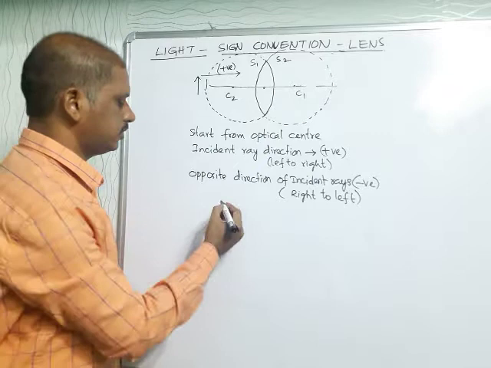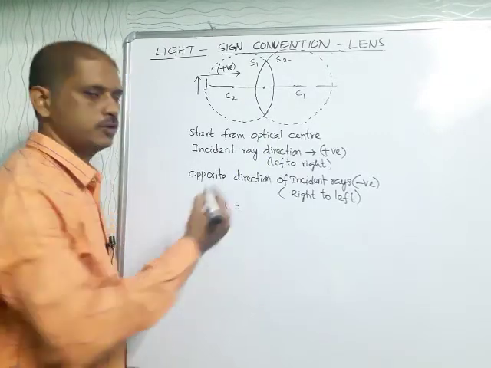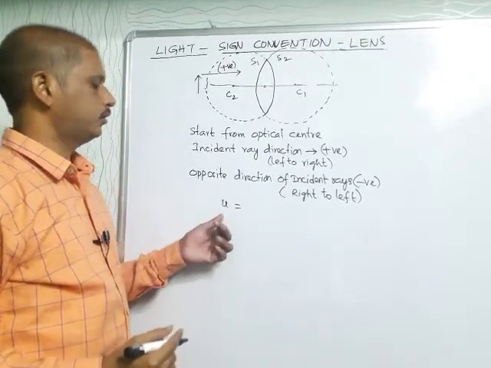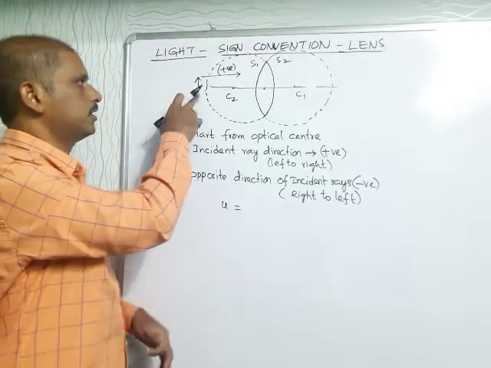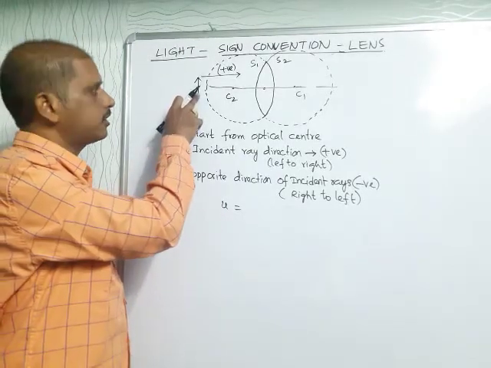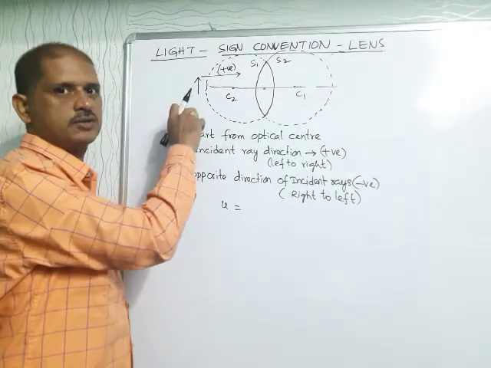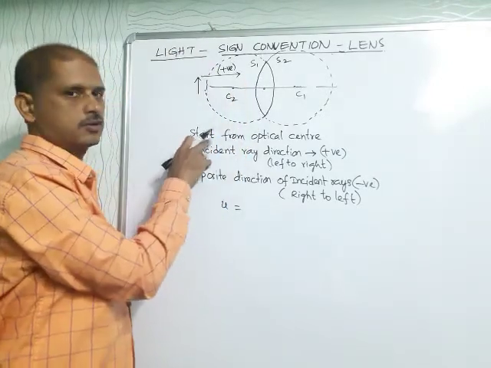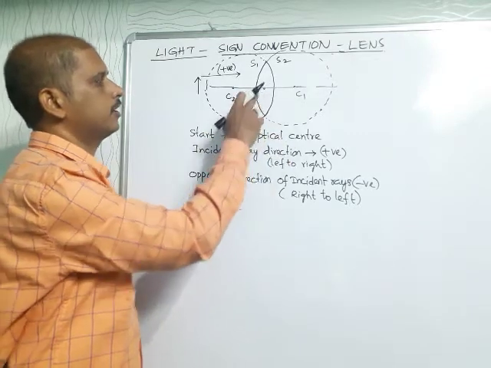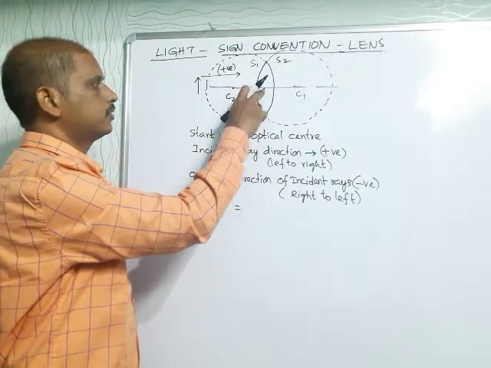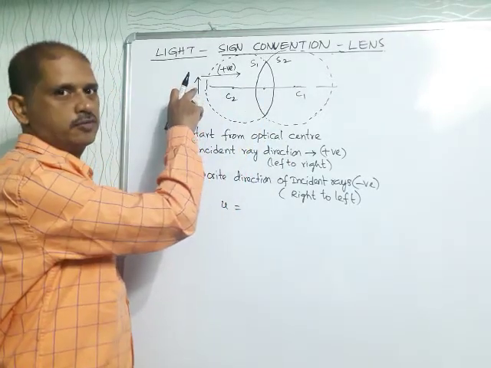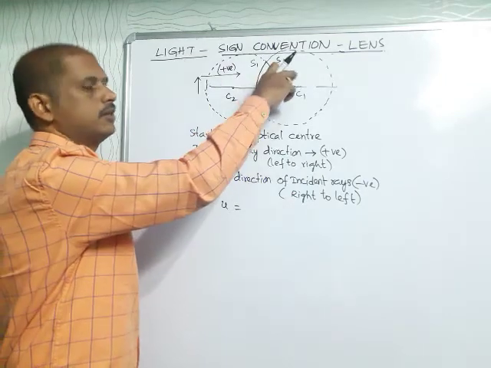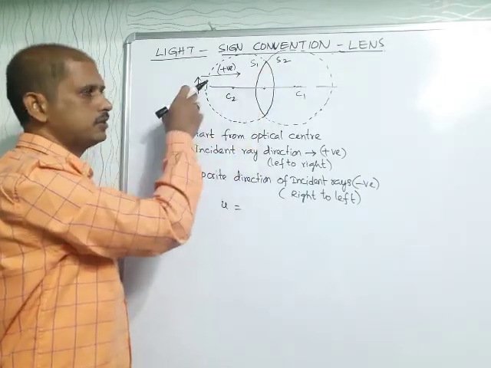First of all, I want to measure object distance, denoted with u. To measure the object distance, object is kept here. So to measure the object distance from the lens, where we have to start? We have to start from optical center. First rule, that is we have to start from optical center. From optical center towards the object we are moving, but incident rays are moving in this direction. You are moving in opposite direction.